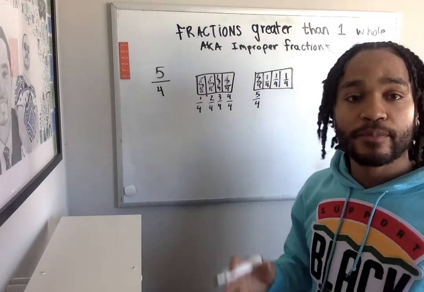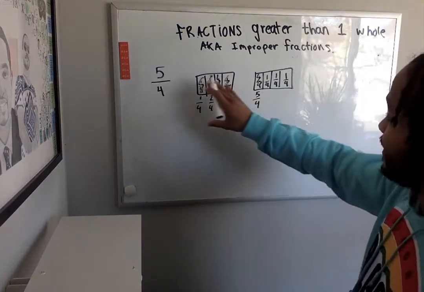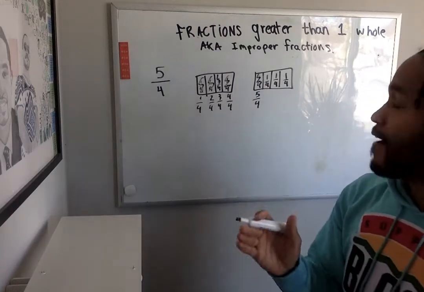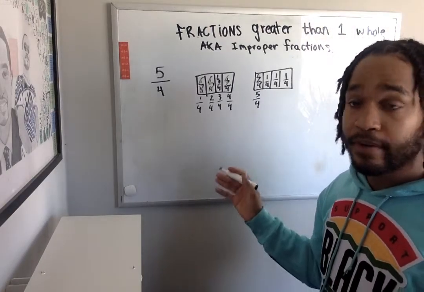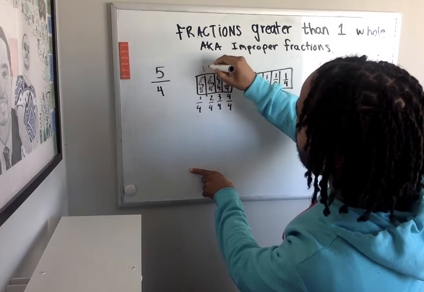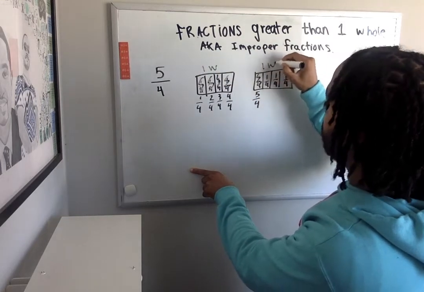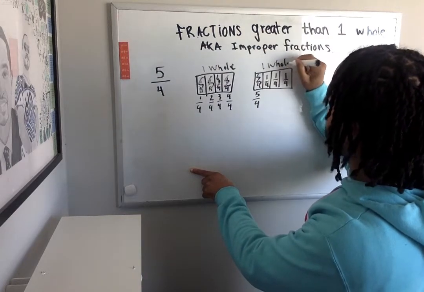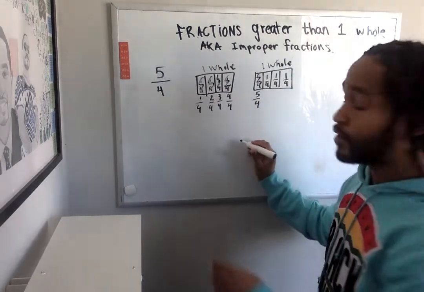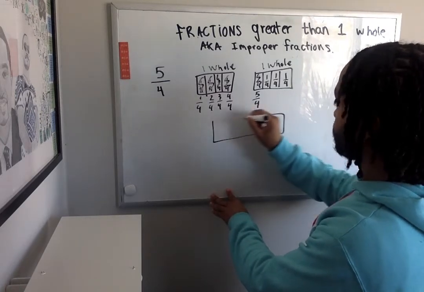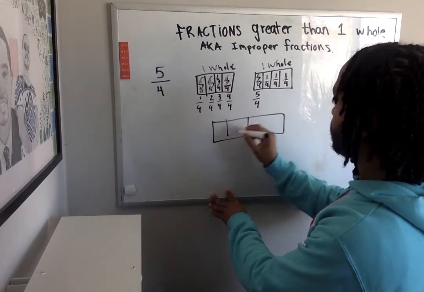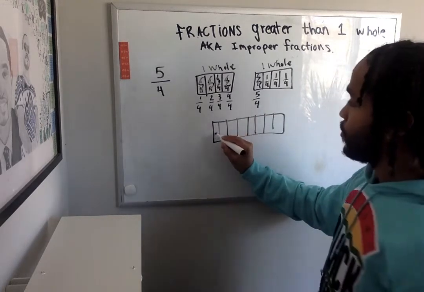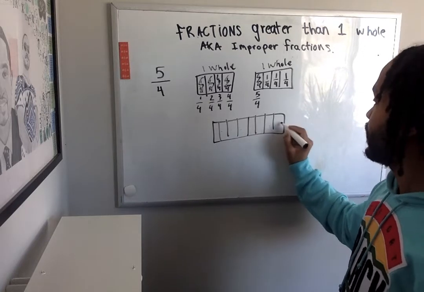Some students may be a little bit confused and think that this right here is actually 5/8. But we see that this is one whole over here, and this is another whole. I'll write the whole word out. So don't get it confused with this: one, two, three, four, five, six, seven, 8.